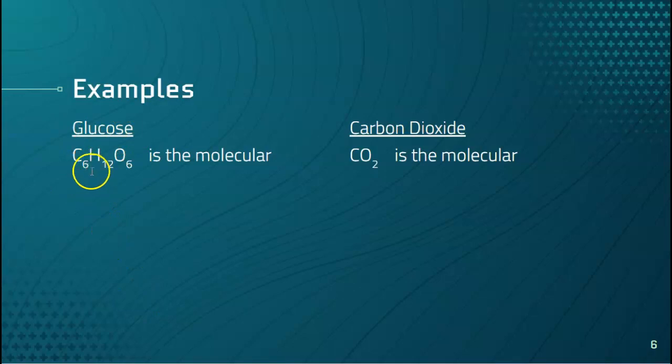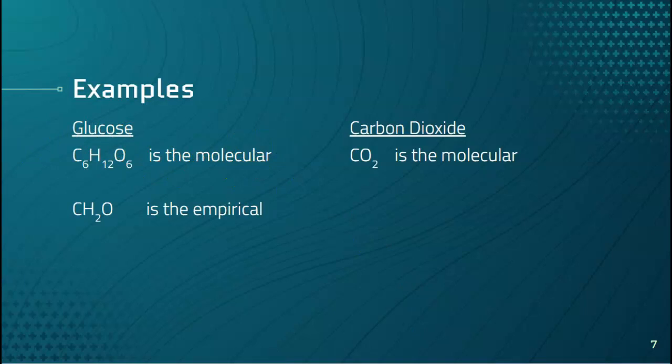Well, we could divide each one of these by 6, okay? And that would be its empirical formula. So here'd be the empirical. If we divide them all by 6, we get one of these, two of these, and one of these. So CH2O, okay? That's the empirical formula of glucose. Notice how this is fully reduced, but here is the actual formula.